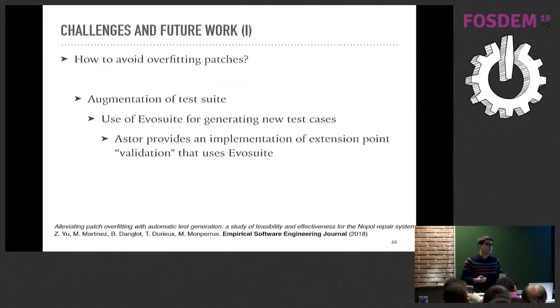And why are they not correct? Because the specification is weak. That means that it's missing some inputs to validate the candidate patch. So what we are working on right now is trying to create new test cases, to have more test cases for validating our patches.